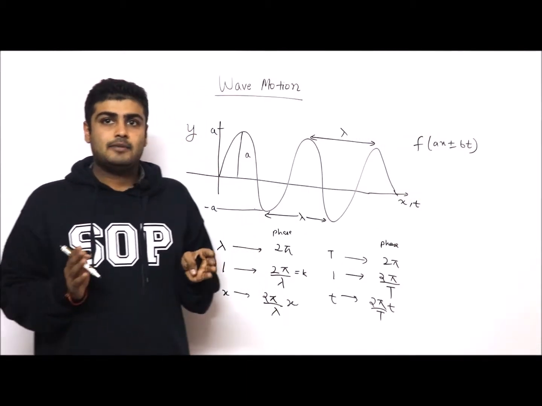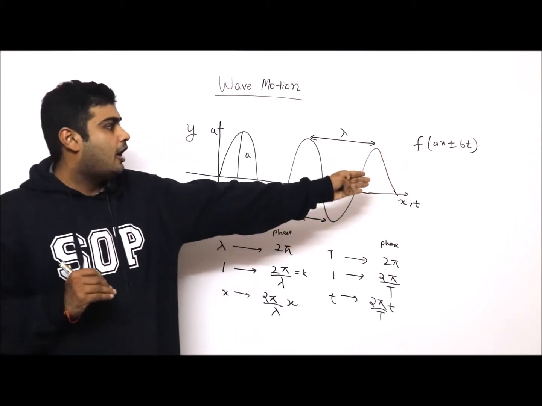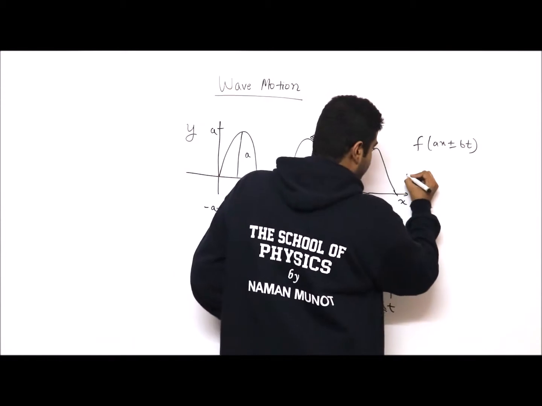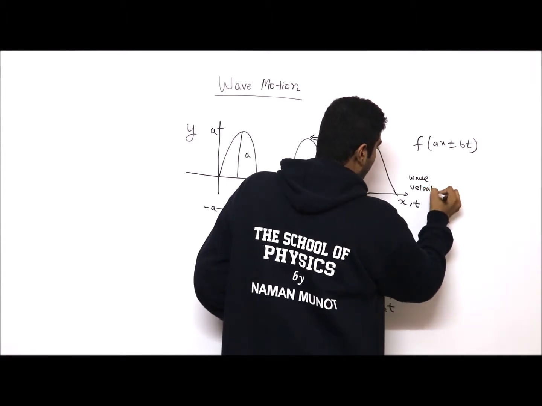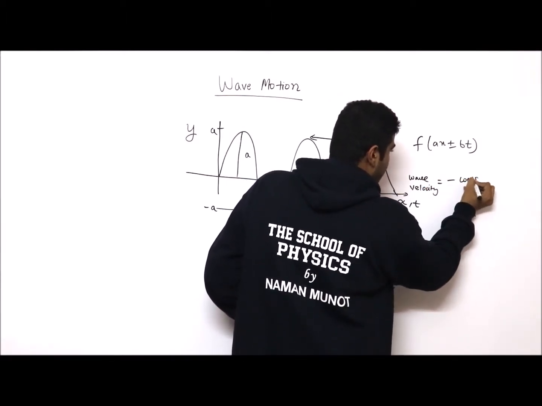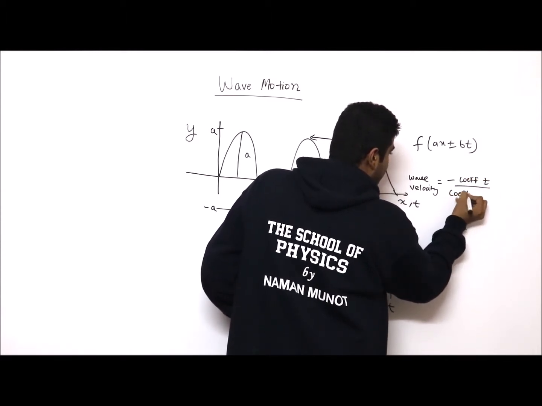At any time if it is given that the wave equation is in the form f of (ax plus minus bt), then we write the wave velocity. The wave velocity is equal to negative of the coefficient of time upon the coefficient of distance x.